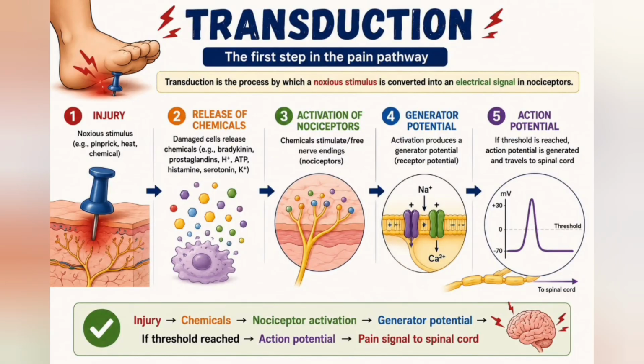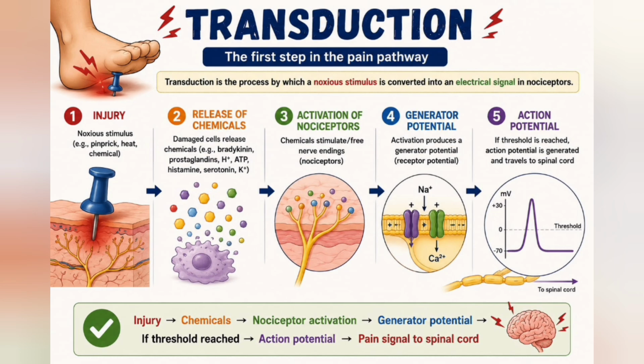Transduction is the first step in the pain pathway. Transduction is the process by which a noxious stimulus is converted into an electrical signal in nociceptors. Suppose an injury is caused by a noxious stimulus like a pinprick, heat, or chemical. Immediately when an injury occurs, it leads to release of chemicals.